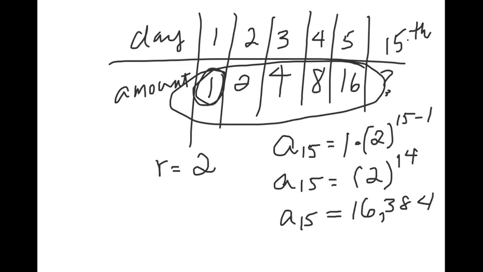Let me see, what time is it? Do we have time for another one? Yeah, I think we can do another one. I'm looking for another geometric sequence word problem, guys. I mean, we could do the same problem here, except I could ask you for a different day, like how much will you have on the 30th day?